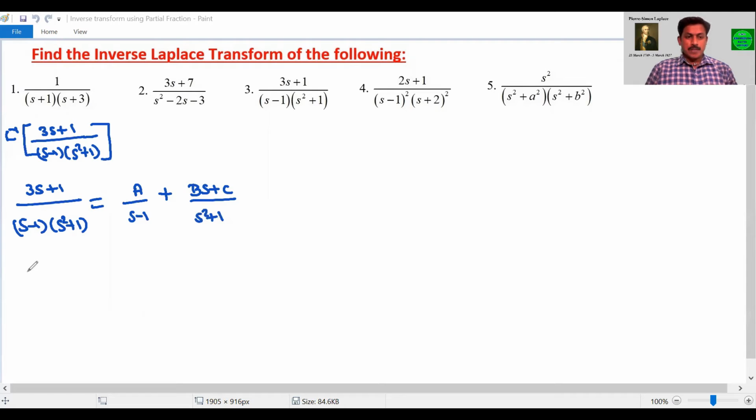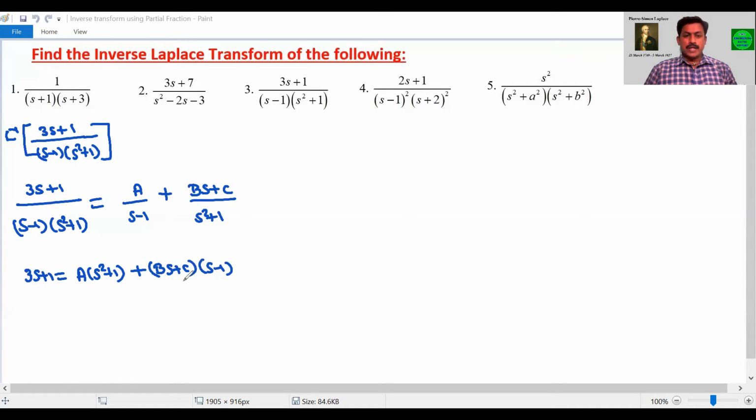Now take LCM. 3s + 1 equal to, compare the first term with the denominator: s - 1 is available, s square + 1 is missing. We are going to multiply by the missing term, that is A into (s square + 1), plus (Bs + C) into, compare the second term, s square + 1 is available, s - 1 is missing, multiply by (s - 1).